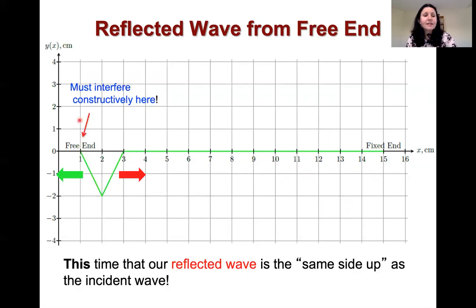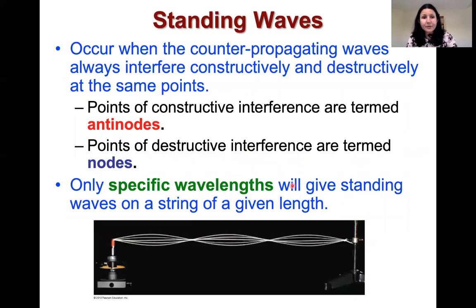But in this case, there could be amplitude displacement here, and in fact, that's where the displacement becomes maximum when there's interference. So the reflected wave stays the same orientation as the incoming wave, the same side up, and then you get constructive interference there. All right.